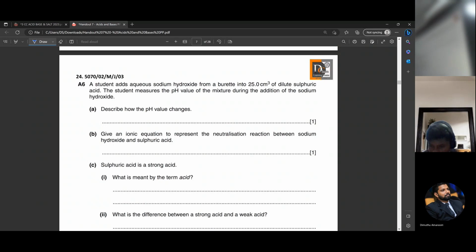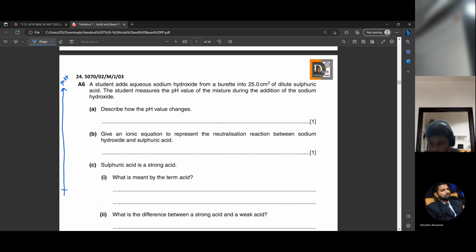The rule of two is about the pH scale. Let me explain that. It's not hard.